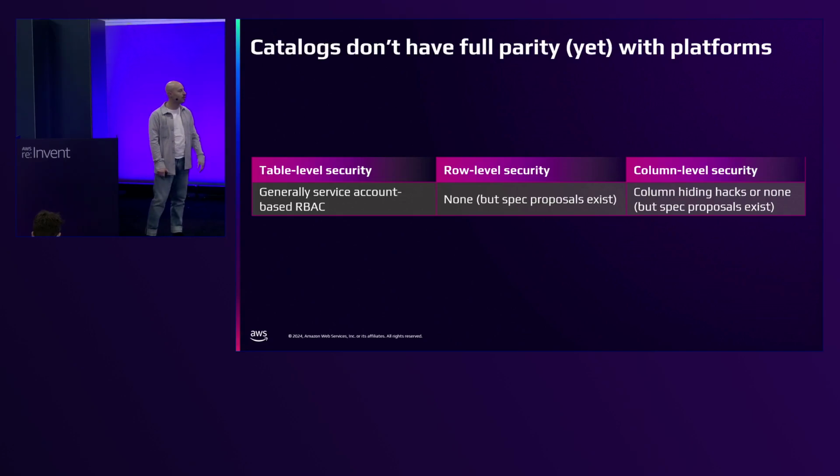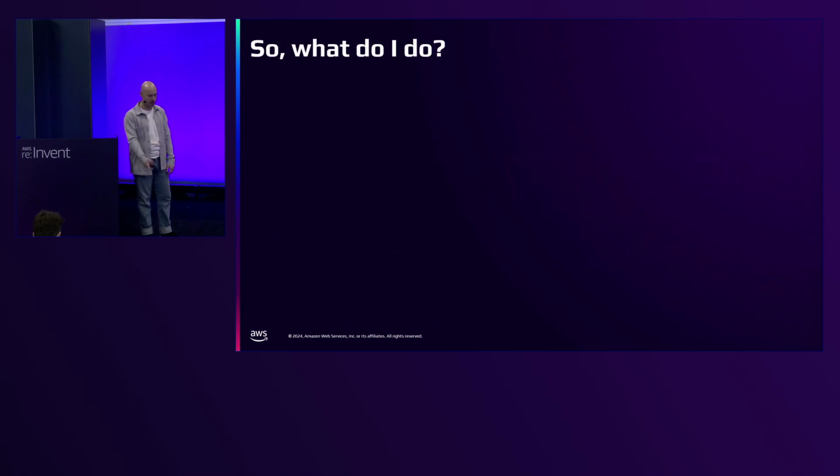They did something kind of cool to create these virtual columns and move stuff around so that engines could kind of hide columns, but it wasn't a first-class thing. But spec proposals also exist for column masking in Iceberg, and we're also very excited about those.